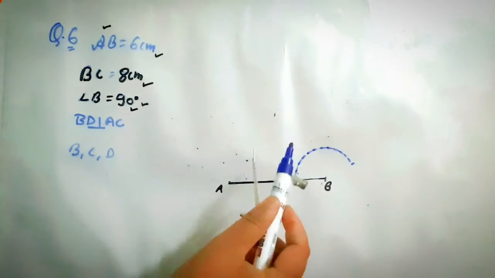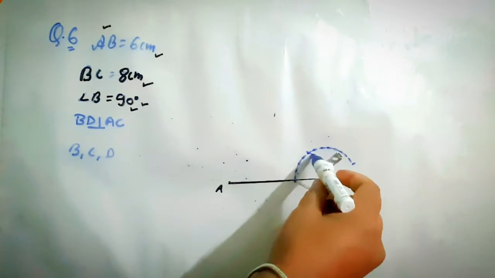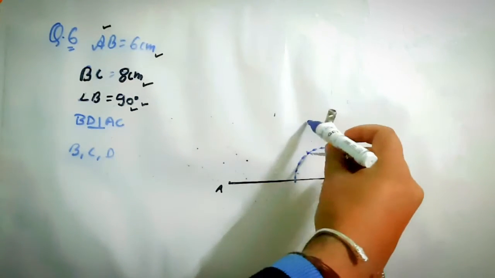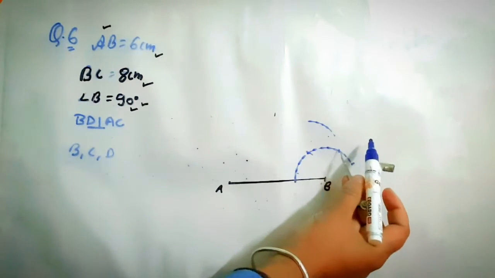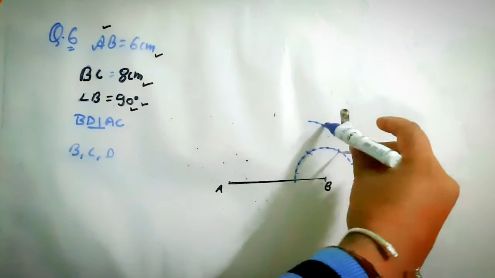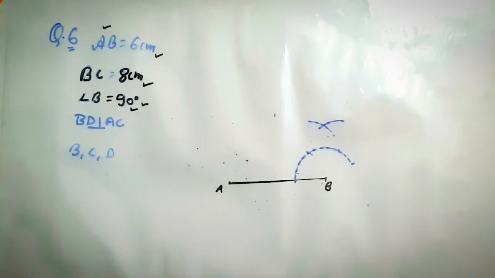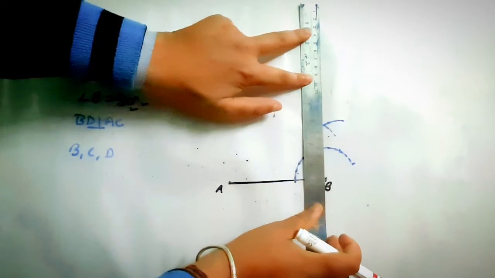Then the first cut is 60 degrees, the second cut is 120, and the half of 60 and 120 is 90 degrees. Join the point of intersection with B and the angle will be 90 degrees.